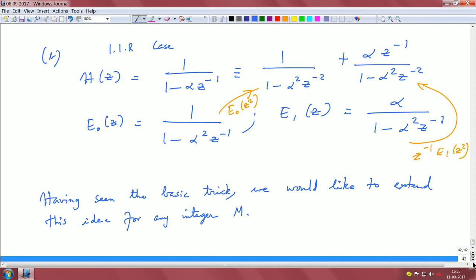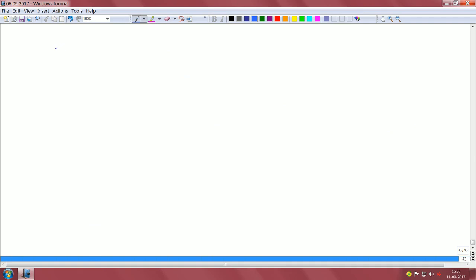So let us see the generalization. Now I can write h of z as summation n equals minus infinity to plus infinity h of n times m z power minus n times m. So basically I look at modulo m components, right.